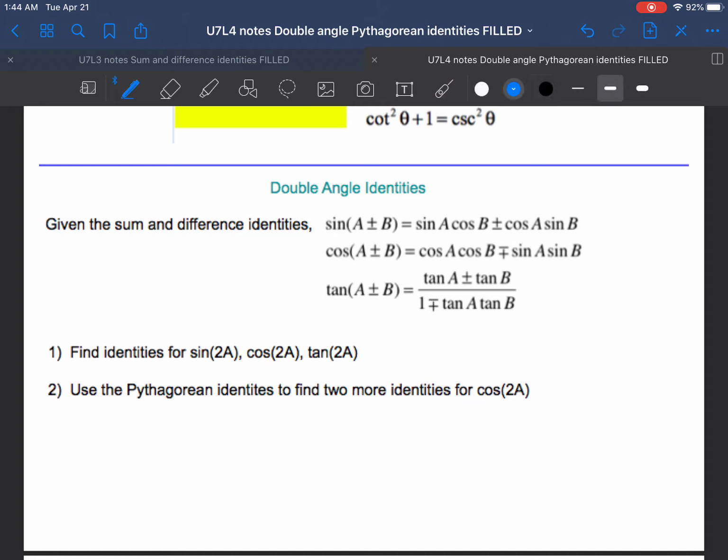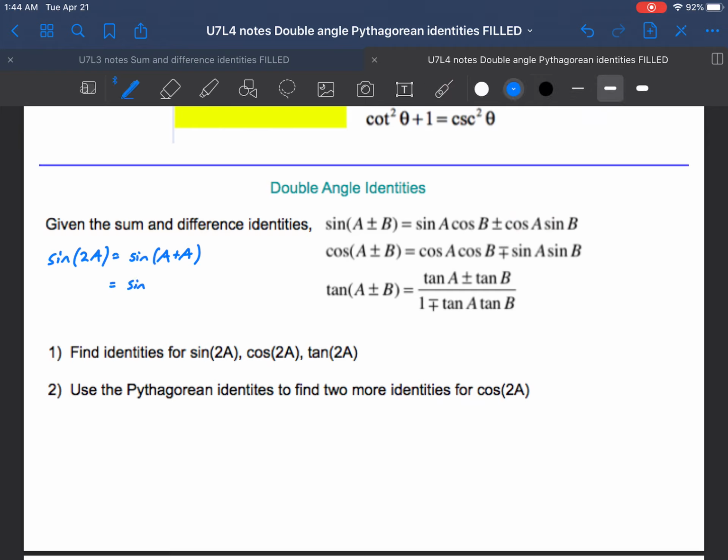I hope I have enough room. So let's go right here for sine of 2a. I think you guys would agree that's really the sine of a plus a, right? 2a is a plus a. So if I have that, I can just use this identity, a plus a, and fill in here.